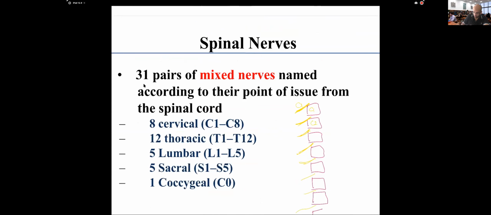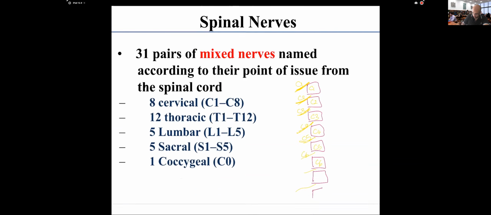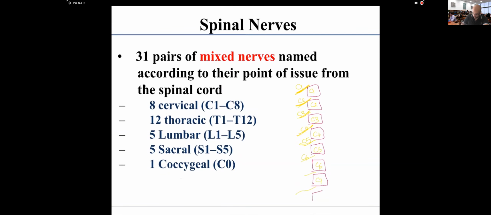This is C2, C3, C4, C5, C6, C7, and T1. Just above T1 is going to be C8. So we've got 7 cervical vertebrae, but 8 cervical nerves.